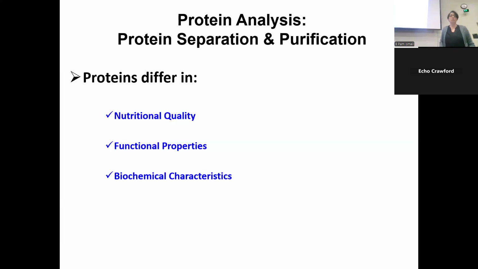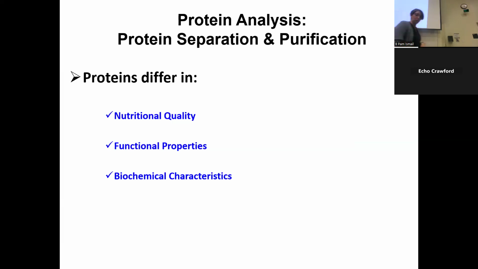So we want to separate the protein, we want to isolate it, we want to purify it. How? How do we do that? We really need to know protein characteristics in order to determine how to do it. So we know that proteins differ from different sources, different in nutrition, different functional properties, but we don't care about those for separation. We know that they differ in biochemical characteristics.